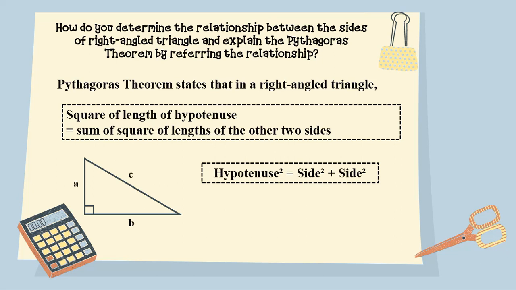So for example, this one is A, B, and C. So we can say that C square equal to A square plus B square. So the hypotenuse, the C square, equals the total of the squares of the lengths of the other two sides, that means A square plus B square.